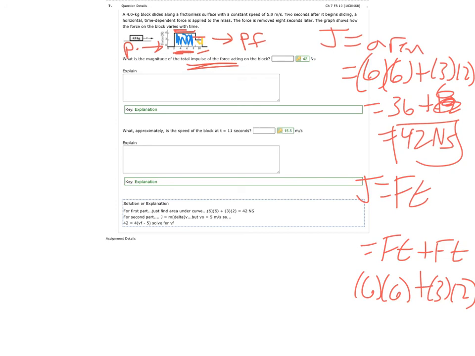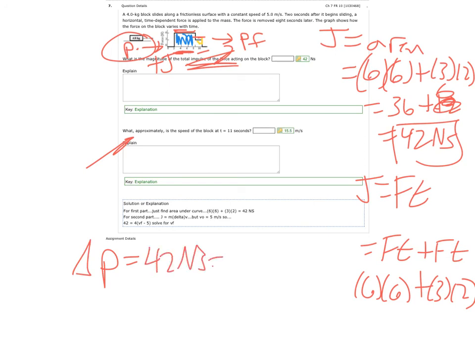And then this is the one that is harder, because you have to remember it had momentum to begin with. I added some impulse, and that led to my final momentum. So you can't just say, what a lot of people do with this one is they say, okay, my change in momentum is equal to 42, and then I'm going to set that equal to m times v, because it gave me m.